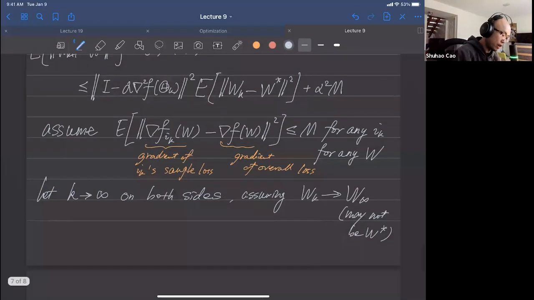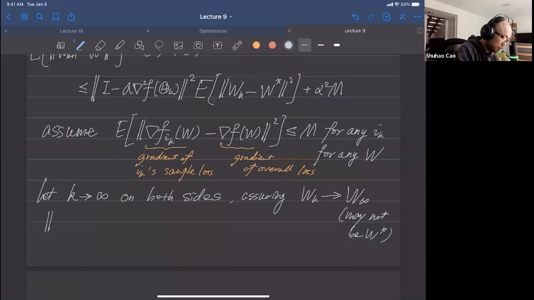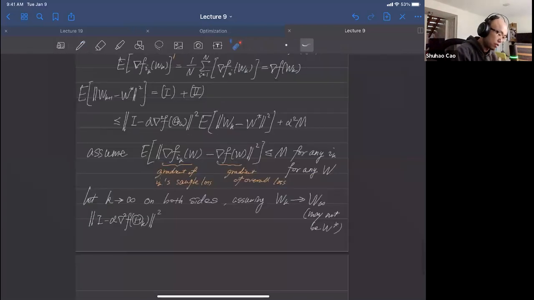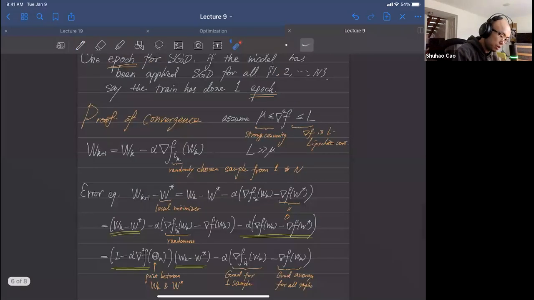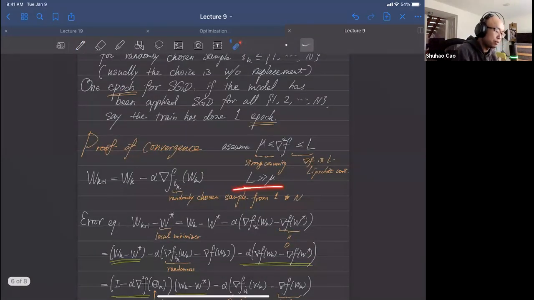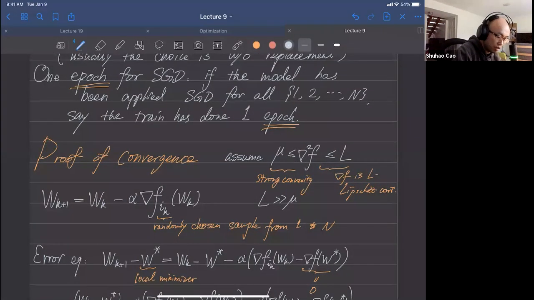And moreover, for this one, when we have this assumption, L much greater than mu, and we also have the assumption of strong convexity and Lipschitz continuity at every point.